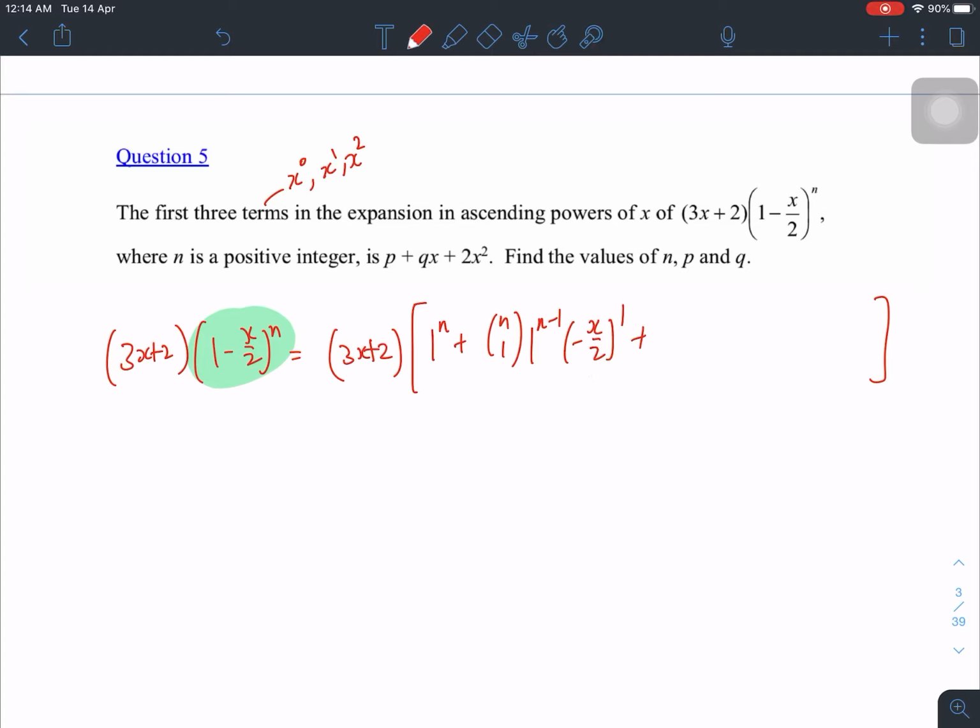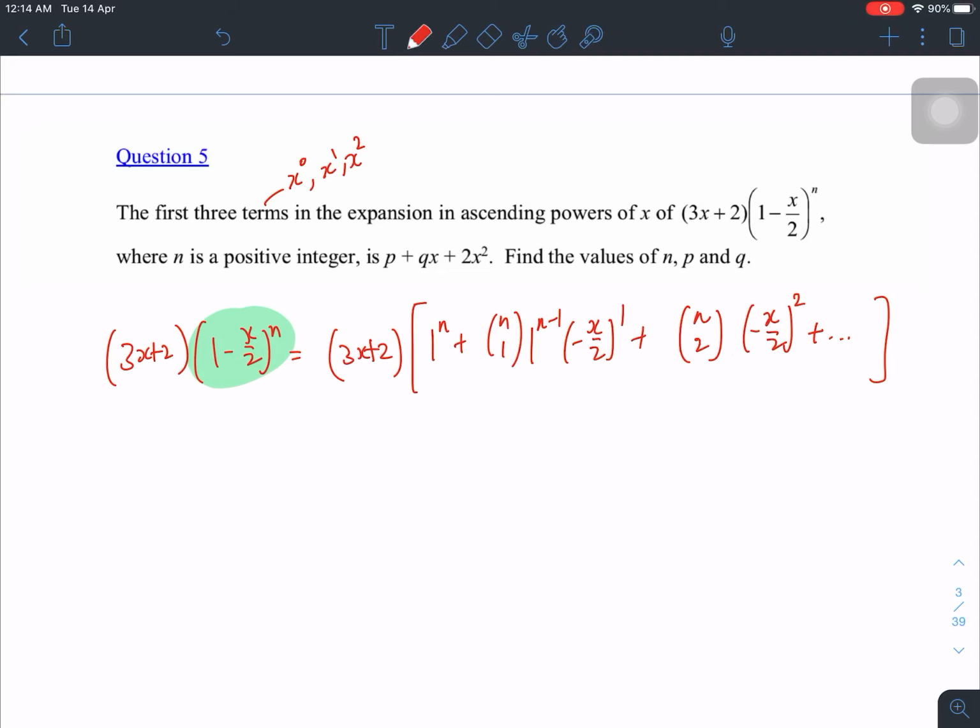So the second term would just be n choose 2, minus x over 2 squared, plus dot dot dot. Because I don't really care about the subsequent terms, I just want up to the x squared term. The constant multiplied by this x squared term would give me the x squared term.